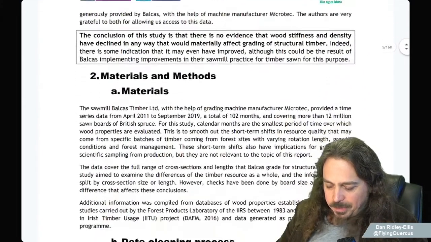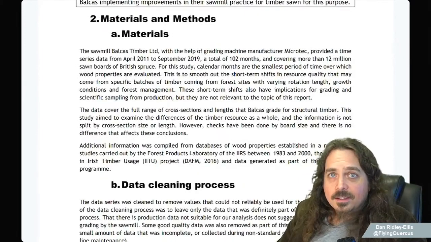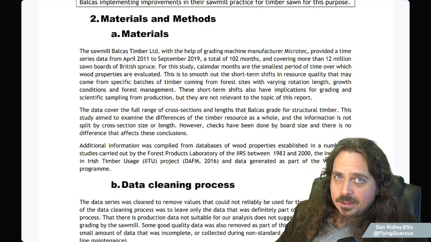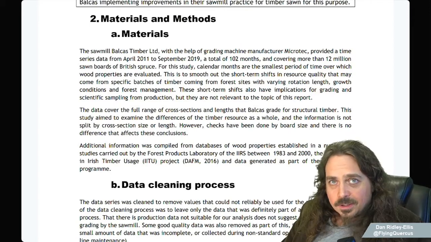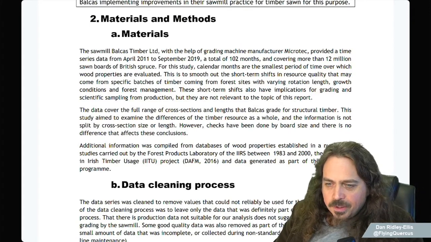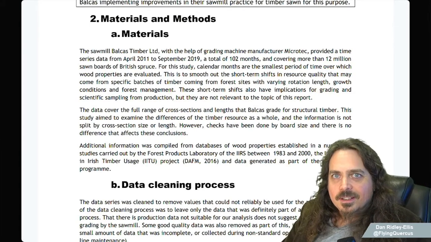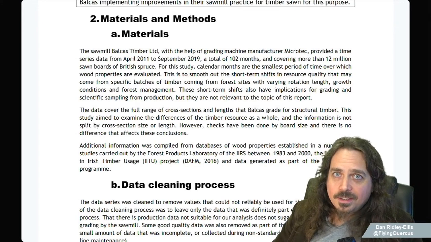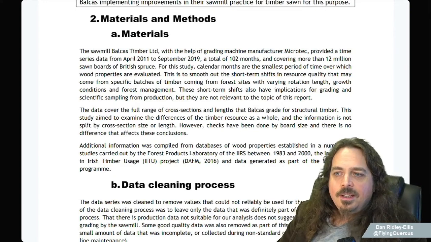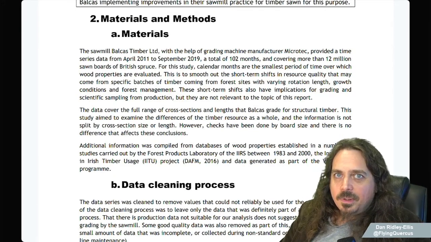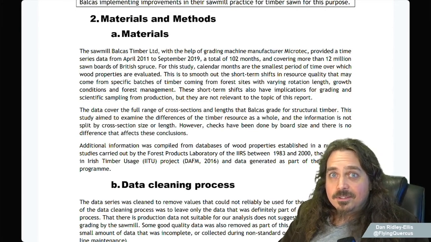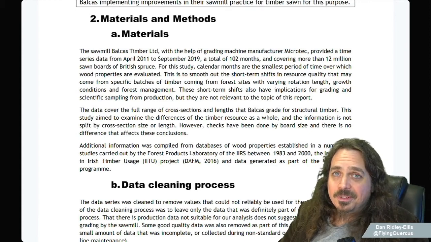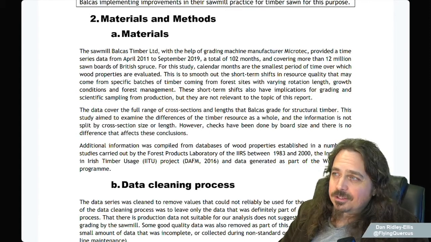So we thought that there might have been a decline in stiffness and potentially also in density, although that's less concerning. But there was no way really of easily checking that. So you can look at old studies, old data, and try and compare the two. But there's a couple of problems there. One is that studies are really small compared to the statistical differences that we're looking for.